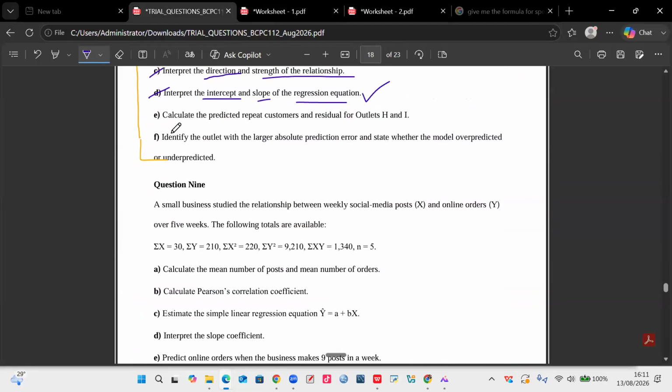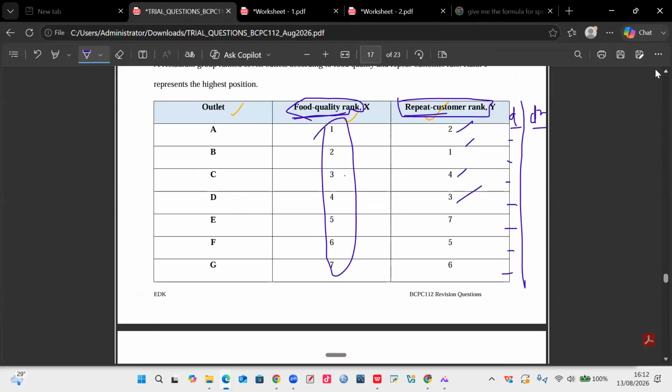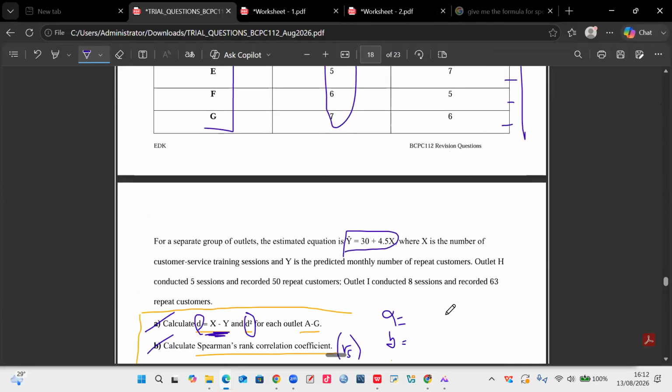E: Calculate the predicted repeat customers and residual for outlets H and I. It's just like the first one we did; we are using the regression. H and I are not in the table because it only covers A to G, but they gave them here.